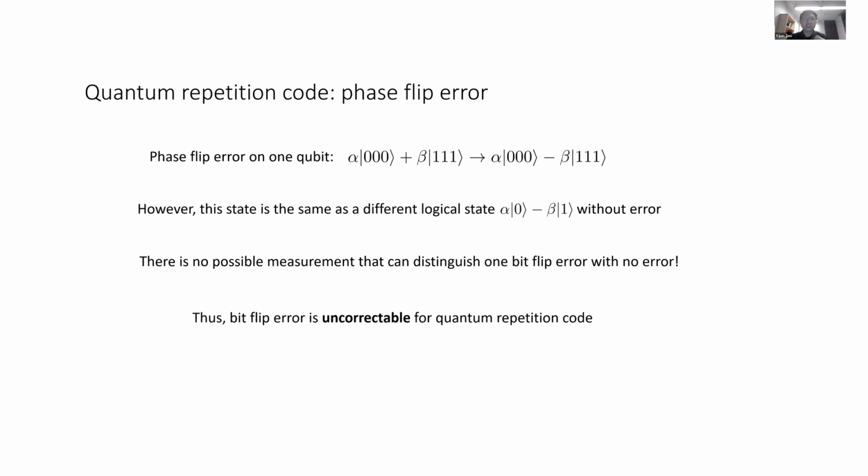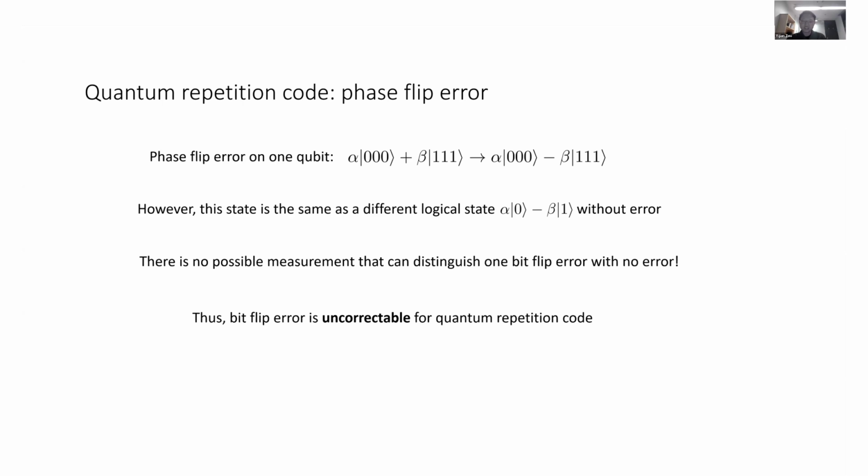So remember, in a phase flip error, you change a sign in front of the ones, so it changes to alpha 000 minus beta 111. But this state is exactly the same state as a different logical state, right? Like if you start with alpha 0 minus beta 1 as your logical state, then you would get the same state, even without an error.